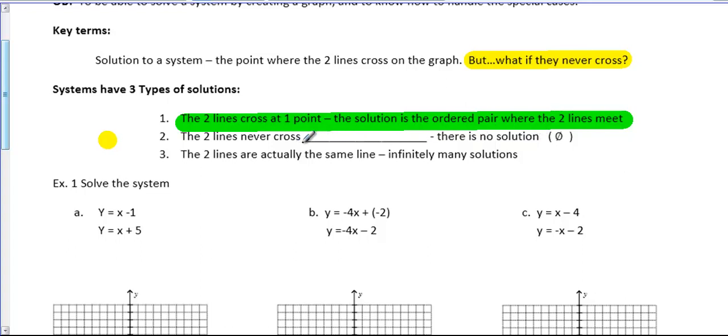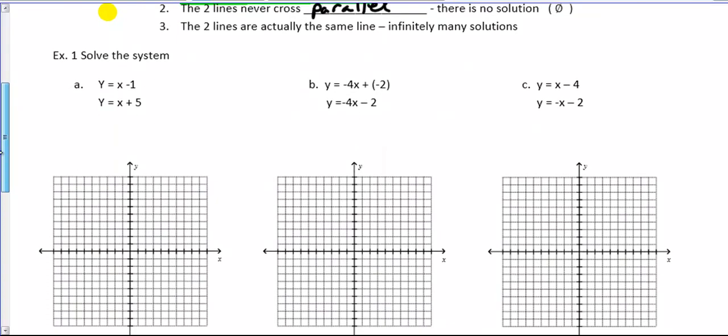When they never cross, that means those lines are parallel. You have two lines that never cross, they are parallel, and there is no solution. It's possible that you actually have the same line that you're graphing, in which case you're going to have infinitely many solutions.